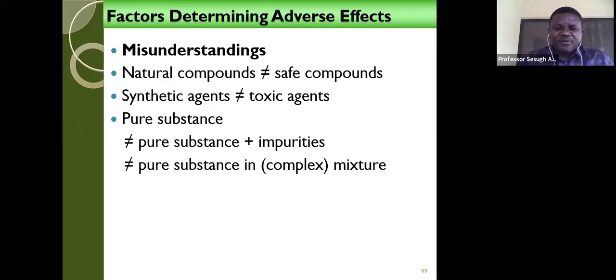Yeah, pure substance, a complex mixture. So these are some of the misunderstandings. You don't just say that because this material appears to be pure, or is said to be pure, it does not mean that it will not have its own effect, and so on and so forth.